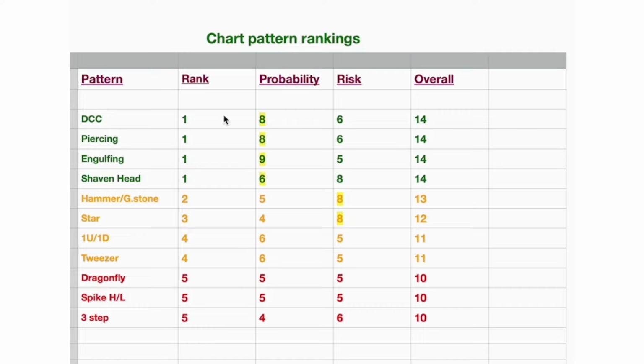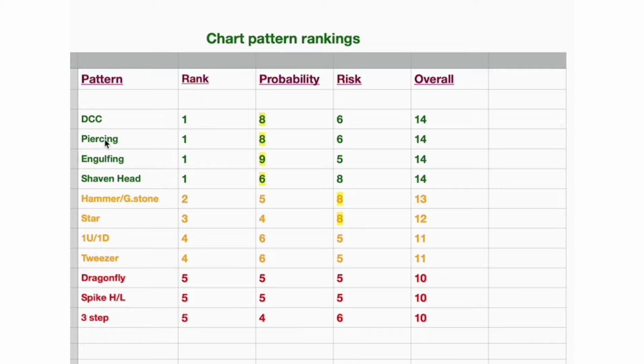And I've had to suck some of these numbers out of the air because they depend on all sorts of things, but I've tried to give them something reasonably sane and thought out. And let's go through some of these. You can see I've ranked them from 1 to 5 based on these numbers here. So let's start with DCC, which is a dark cloud cover, or piercing pattern. Those are the two.